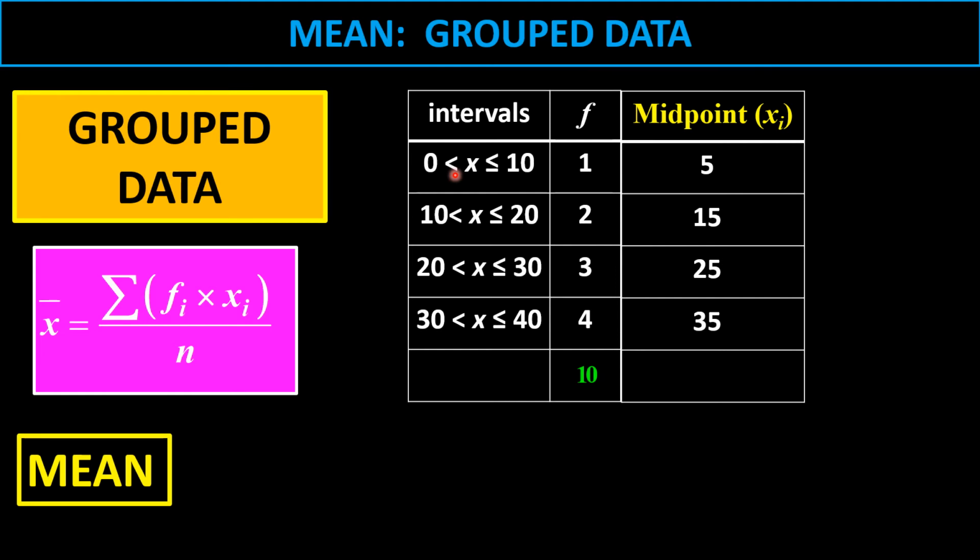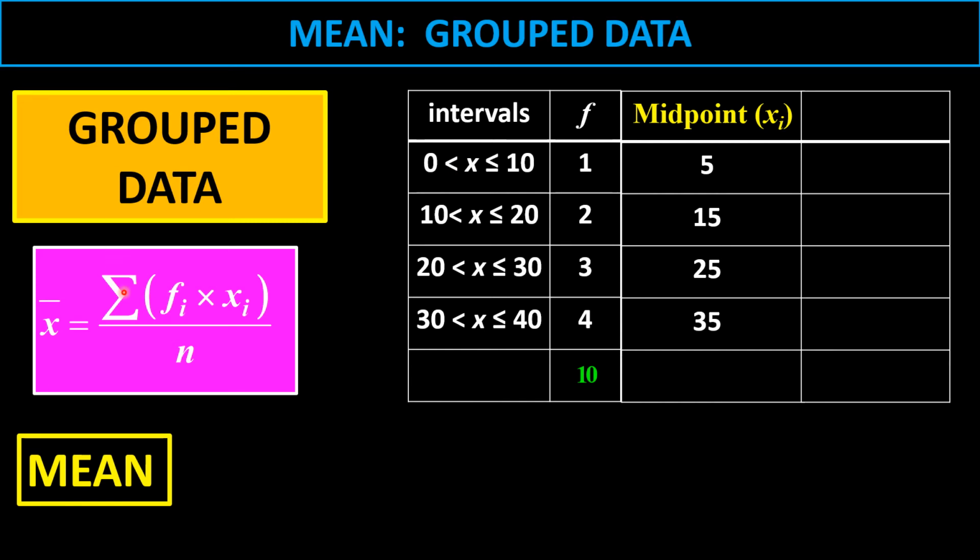So that's the midpoint. Now we want to find the product. So what's the product there? It is 1 times 5. That's 1 times 5, 2 times 15, 3 times 25, 4 times 35. And if you do that little bit of calculation, you can actually do it quite easily without a calculator. And that gives you 5, 30, 75, and 140.